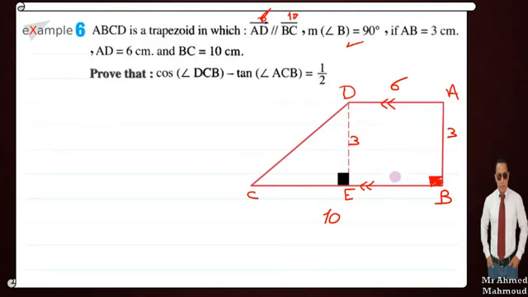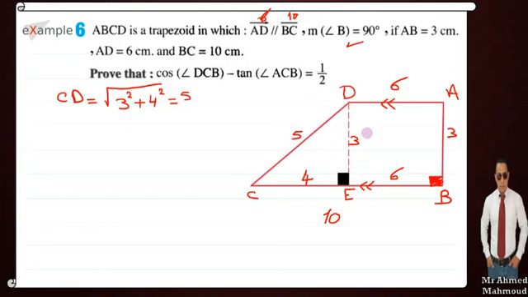AD equals 6 and BE also equals 6. To find CE, 10 minus 6 equals 4 centimeters. Now the first step, I will find CD, which equals the square root of 3 to the power of 2 plus 4 to the power of 2, equals 5 centimeters.